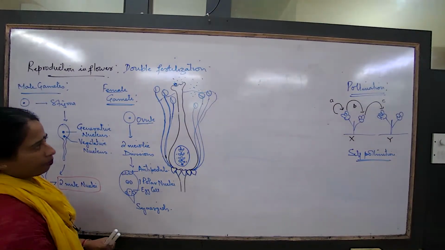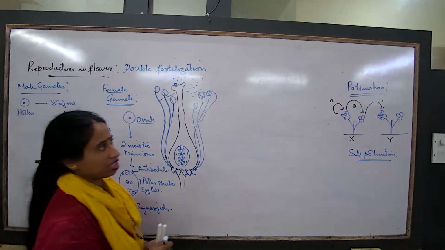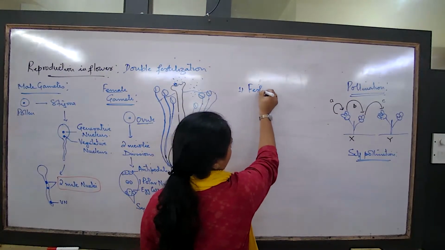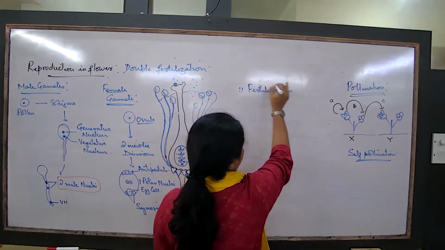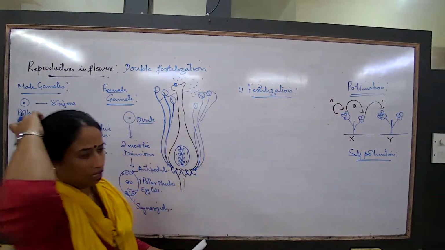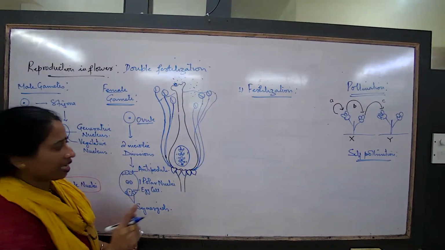So try to understand. Now let us try understanding the steps of double fertilization. What is the first step? The first step is fertilization. The definition of fertilization is the fusion of one male gamete with one female gamete to give rise to a single cell zygote.